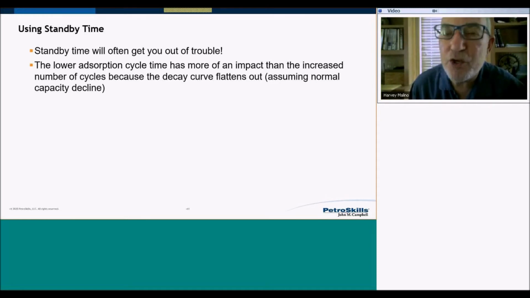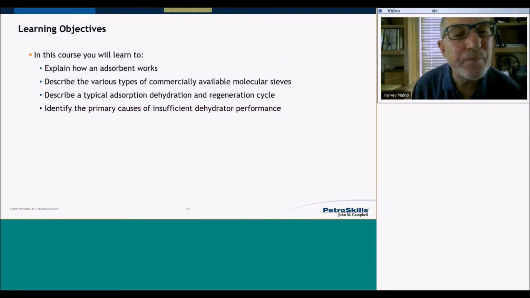Now that means you're going to have more cycles through the life of the bed, but the increased number of cycles does not impact as much as the decay, because the decay curve tends to flatten out. So you want to have standby time when available because it will allow you to reduce your absorption cycle time and still complete the regeneration cycle.